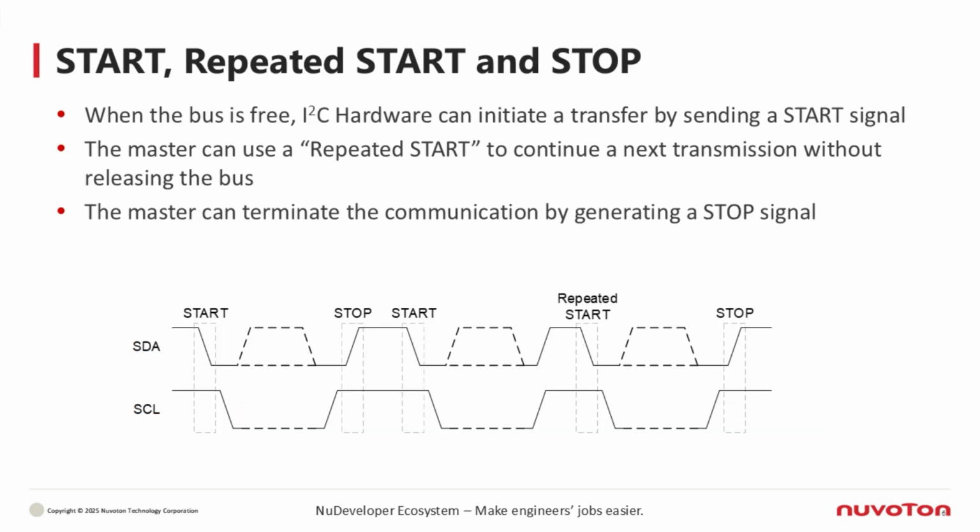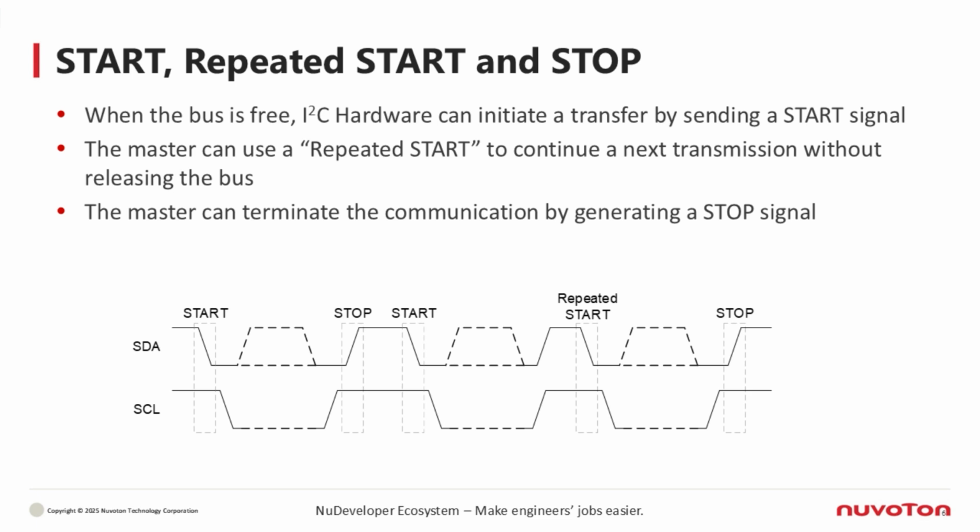Now let's talk about 3 very important signals on the I2C bus: the start, the repeated start, and the stop conditions. So first, when the bus is idle, the I2C hardware can initiate a transfer by generating a start condition. On the waveform, you'll see the SDA line transition from high to low while SCL stays high.